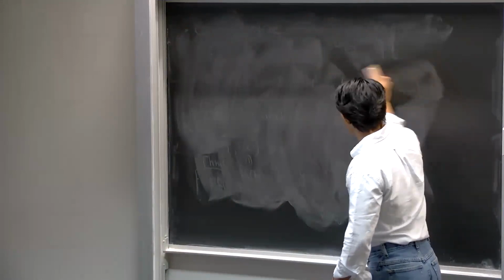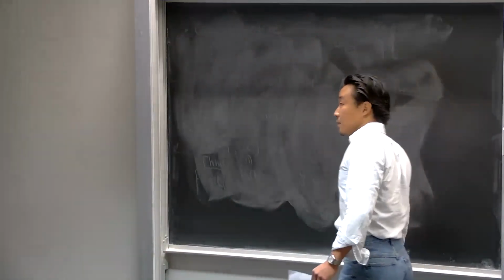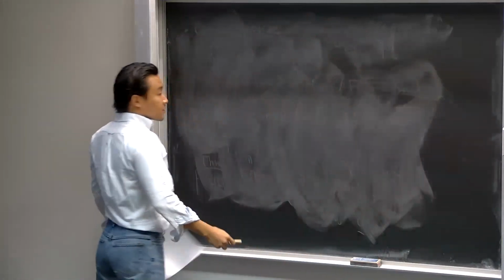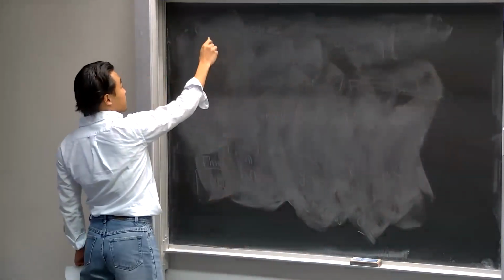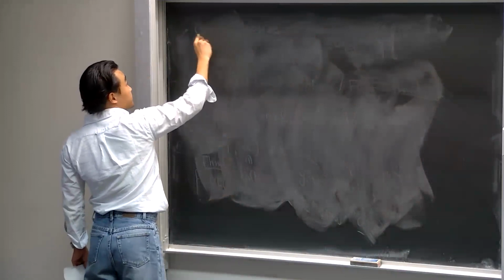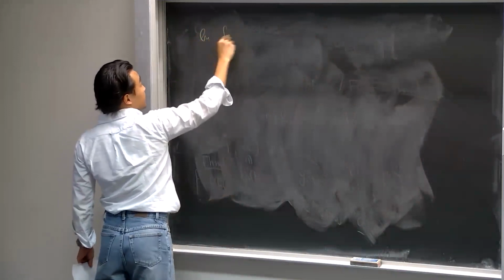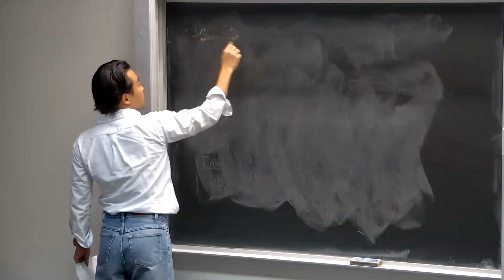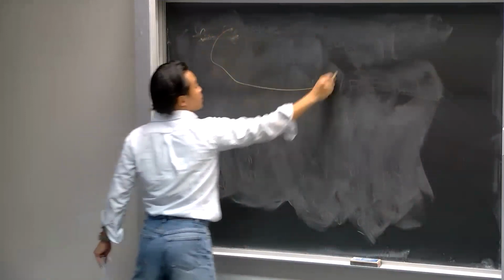I won't say submanifolds because it's not always submanifolds, but something that looks like Lagrangian submanifolds. So, in fact, let's go back to the degeneration picture.